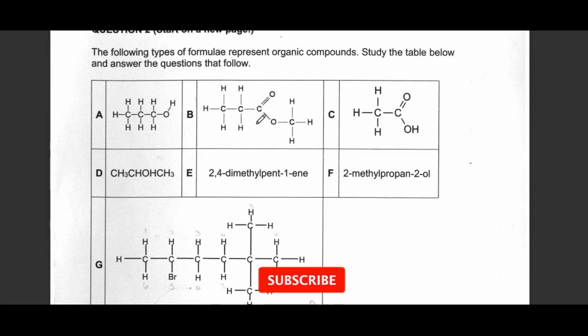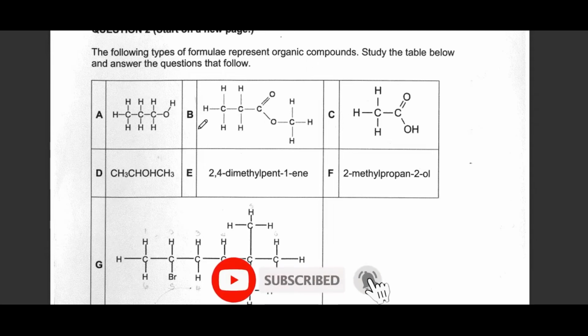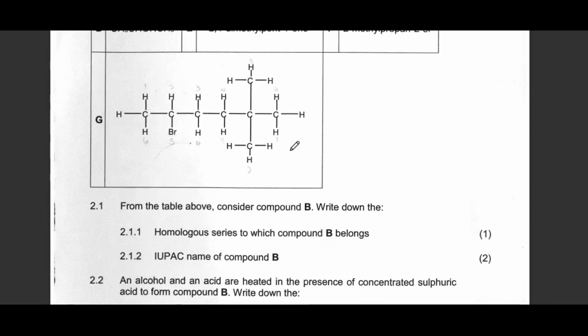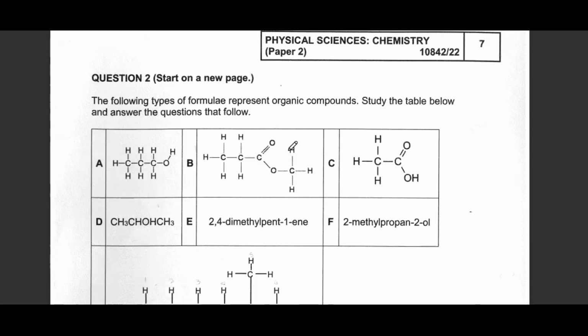So before you start, you need to know which groups, which homologous series, which functional group these compounds are. So if you look at this, we shall find out that this is an alcohol. Because of that, this is an ester. Because of that, this is a carboxylic acid.